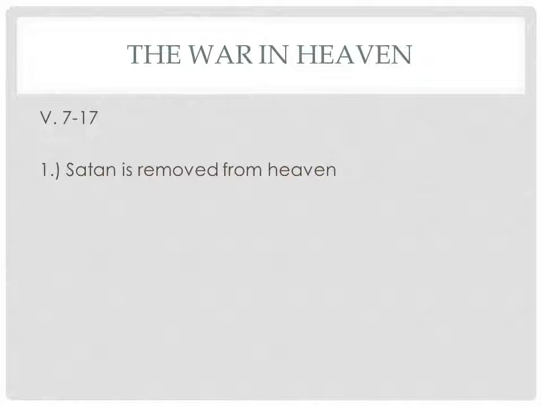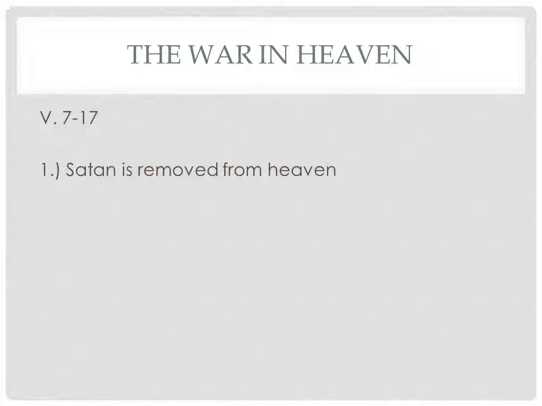It says in verse 8, "and prevailed not, neither was their place found any more in heaven," talking about the dragon and his angels. So the great dragon was cast out in verse 9, "that old serpent called the devil and Satan, which deceiveth the whole world. He was cast out into the earth, and his angels were cast out with him."